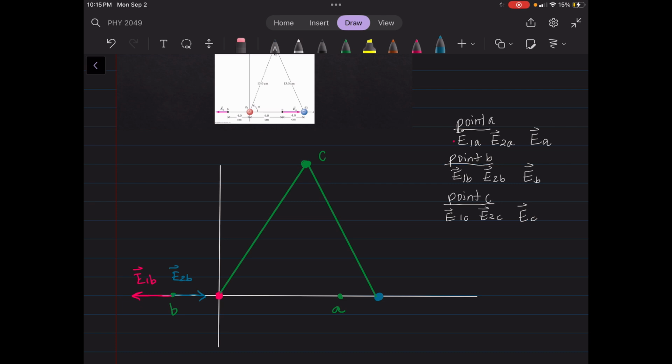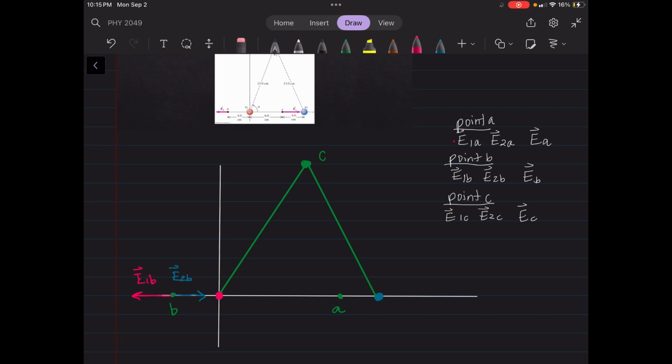All right, now let's go to point A. Switch to pink for my positive point charge Q1. What direction is the E field going to be at point A due to Q1 over here on the left? Well, electric field lines always point away from positive charges.